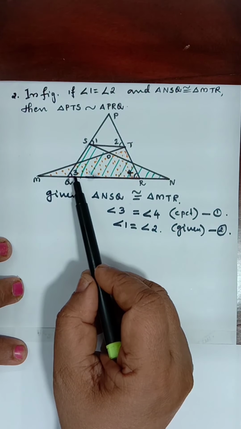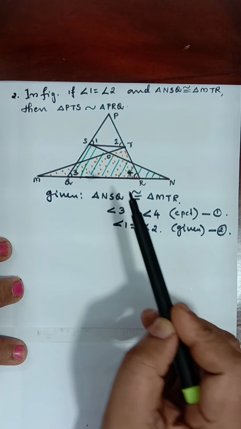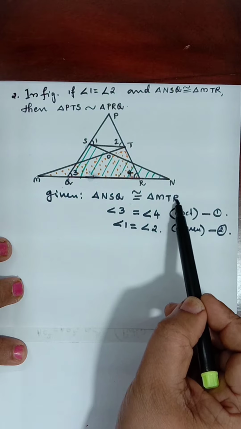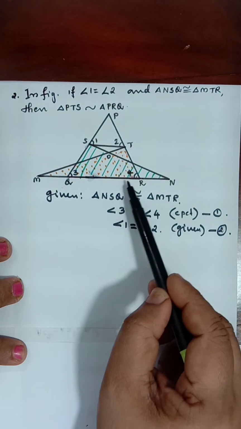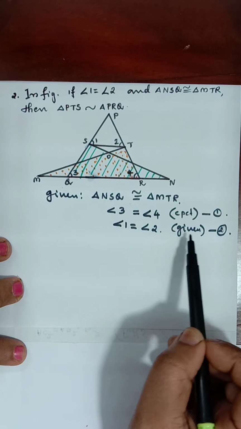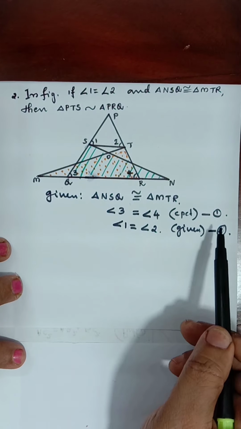Corresponding angles means here it is SQN. SQN angle equal to TRM, that is angle 4. Angle 3 is equal to angle 4. Angle 1 is equal to angle 2, that is given to us. Now see equation 1 and 2.